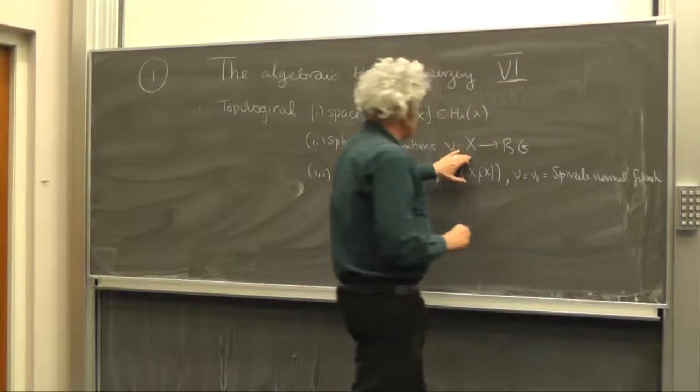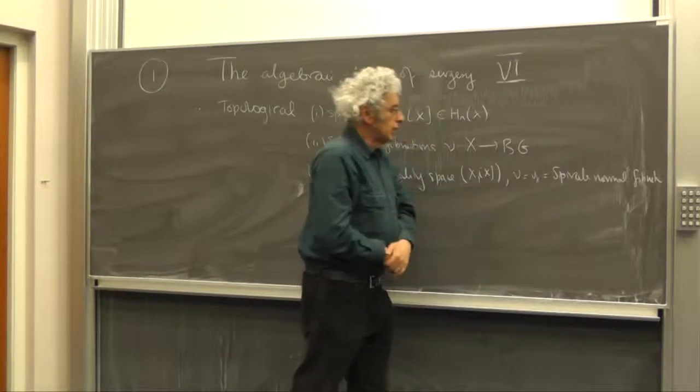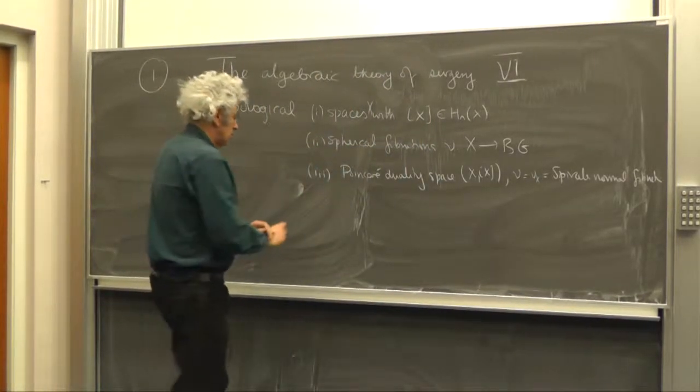So here I'll just be dealing with a space with a spherical fibration, whereas here the Poincare duality would determine the normal fibration.